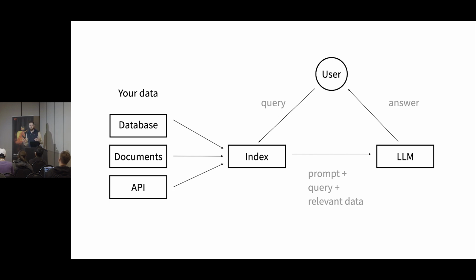And then when the user asks a question, you first go to the index, you find all the relevant documents for this query, and then you send a system prompt plus the user's query plus the relevant data that you fetch from the index to the LLM, which then comes up with the answer that is based on the context.